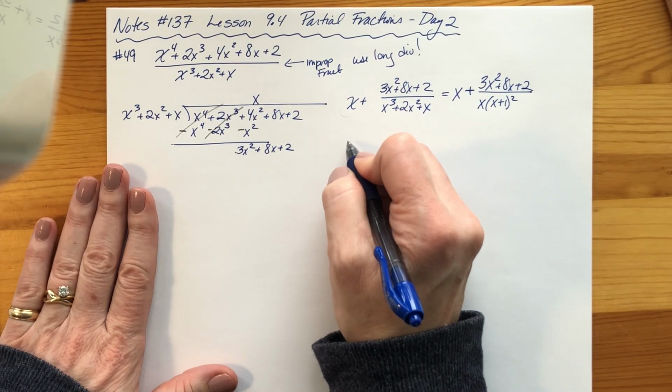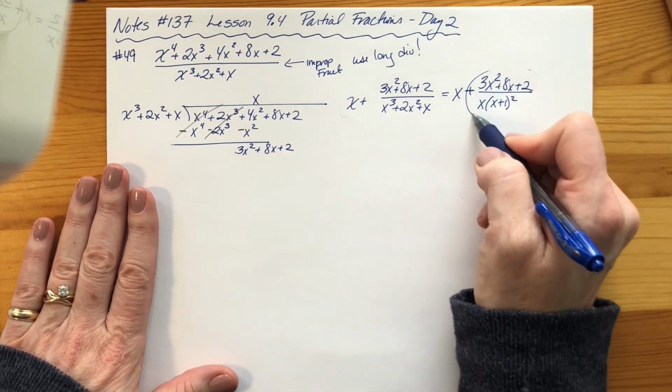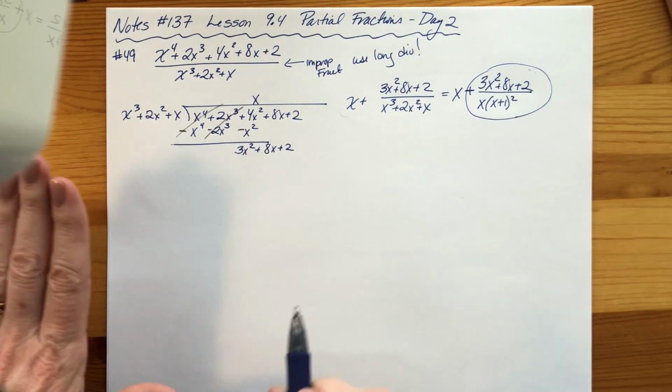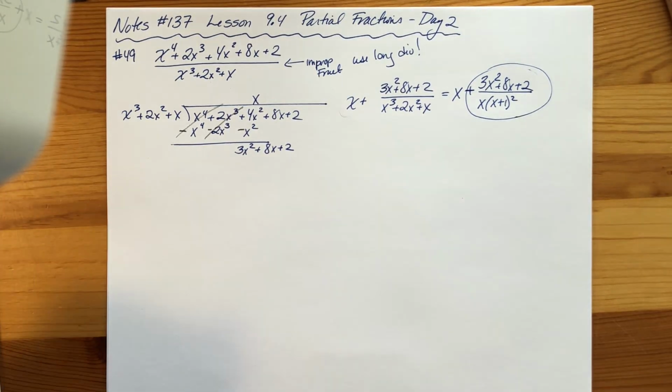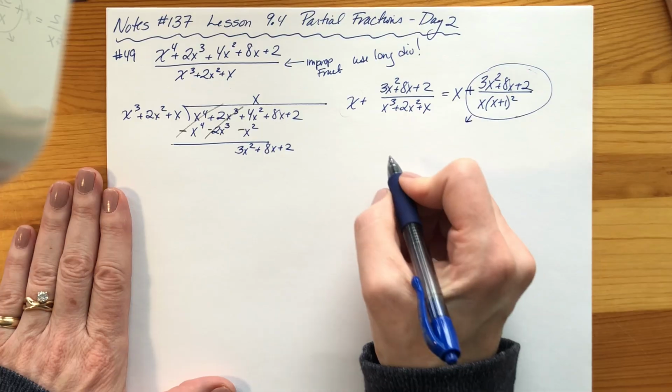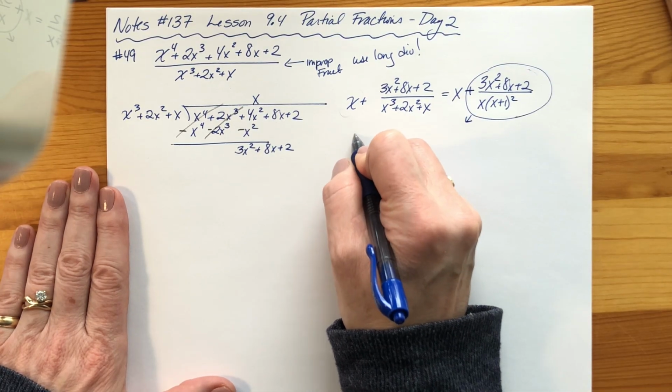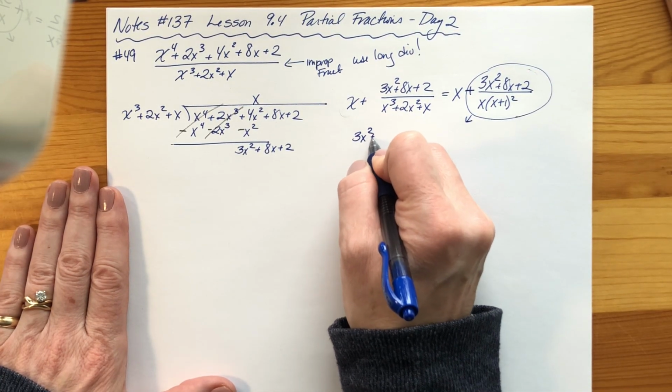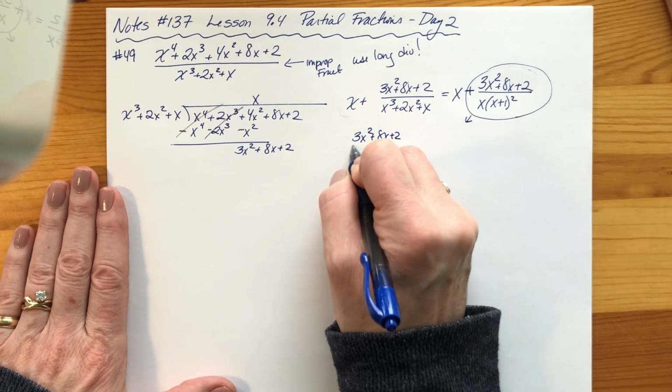Okay. So I'm going to try to break this down one more time. So this is going to be just looking at this part now. I'm going to forget about the x for a little bit, but then I'm going to come back to it in the very end. So this section is going to be 3x squared plus 8x plus 2 over x times x plus 1 squared.